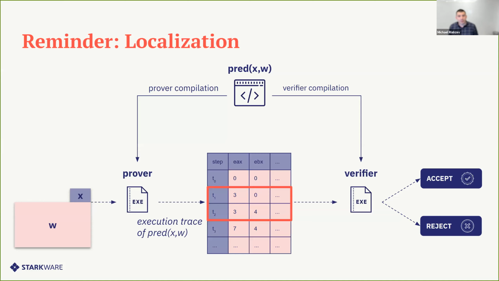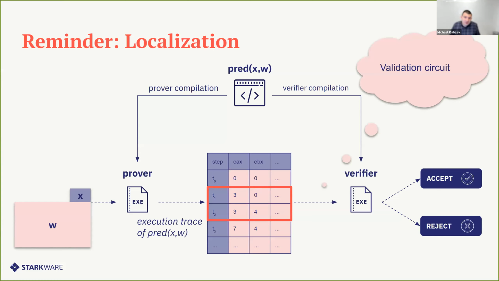We thought about the prover providing an execution trace and the verifier just choosing a pair of consecutive rows and verifying it explicitly. And as we said, the way it could verify it is using, for example, the CPU architecture used to execute this program. And what would be this architecture? This architecture is actually the spec of the CPU in this case.